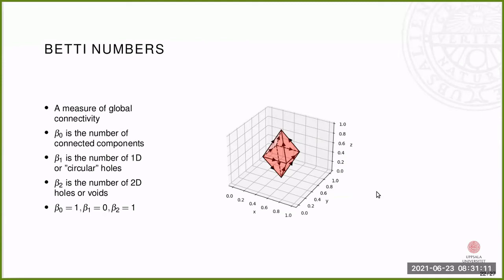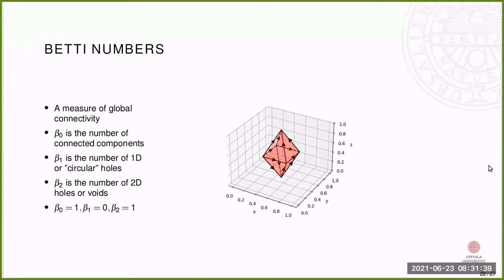Here we have 6 vertices that are all connected to one another, so we have one connected component. The first Betti number is the number of one-dimensional circular holes, and in our figure here we don't have any. So the first Betti number is 0.